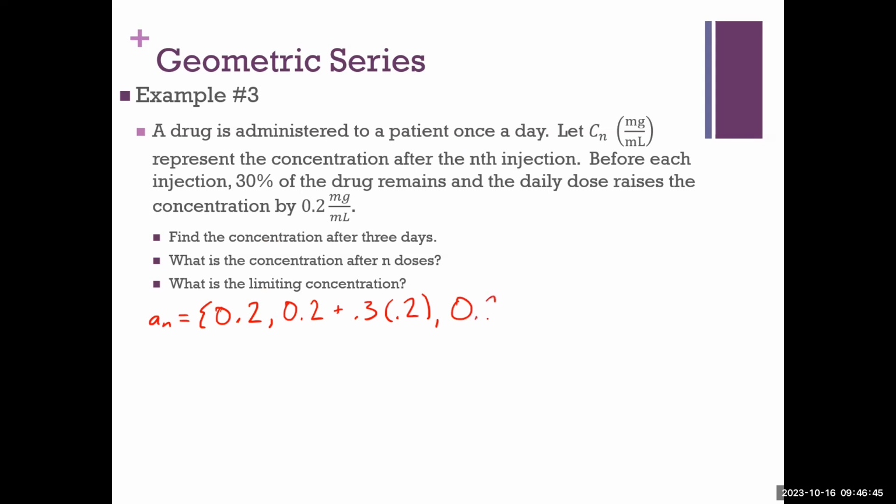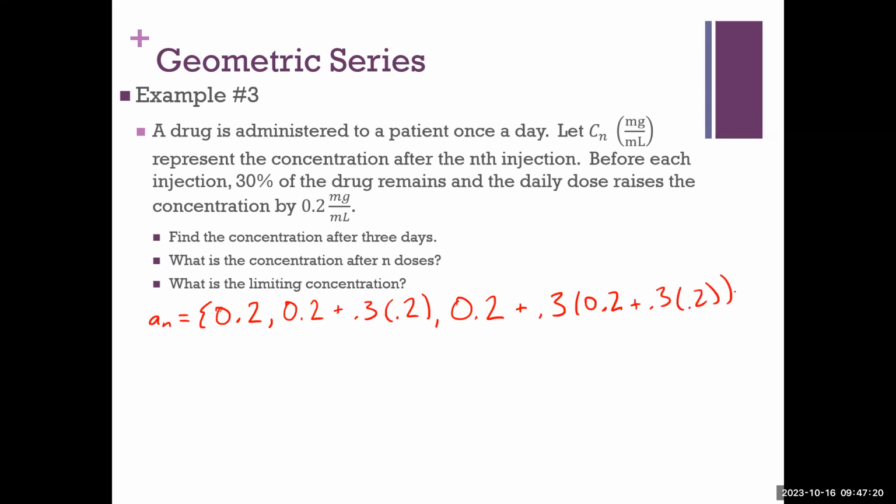So again, we're going to add 0.2, right? Plus 0.3 multiplied by the previous term, right? So what is that previous term going to be? 0.2 plus 0.3.